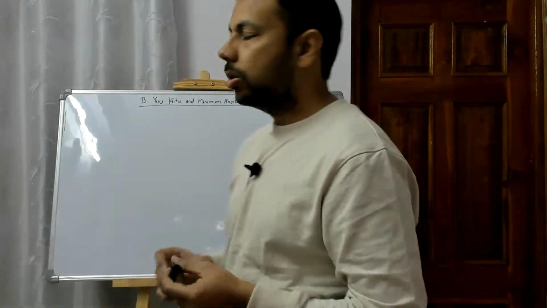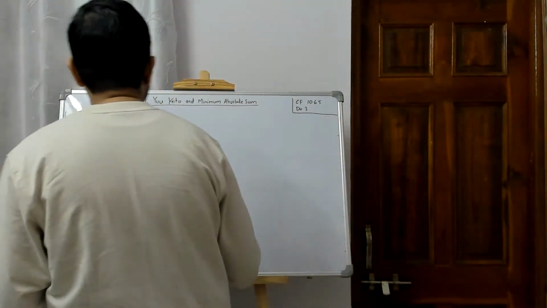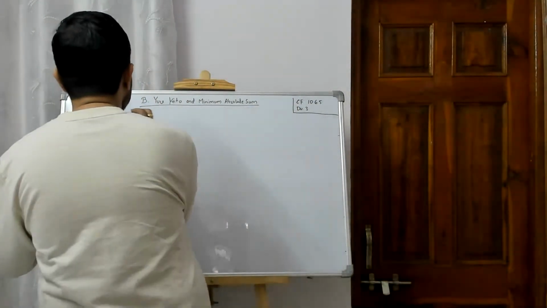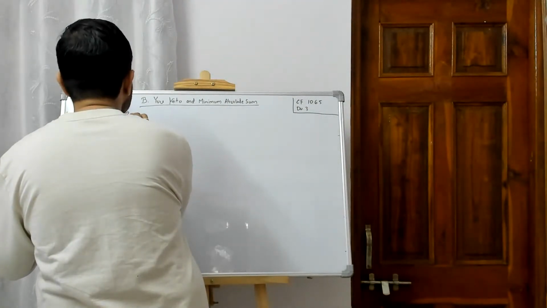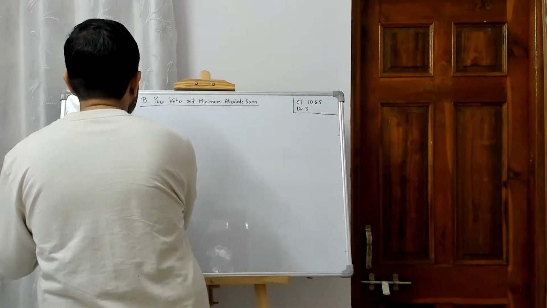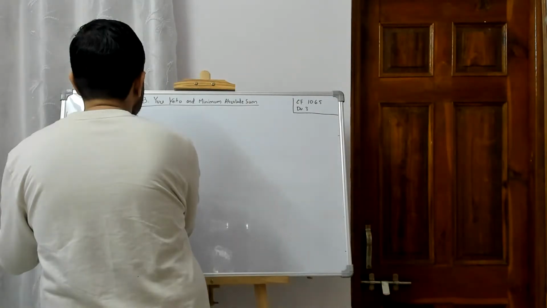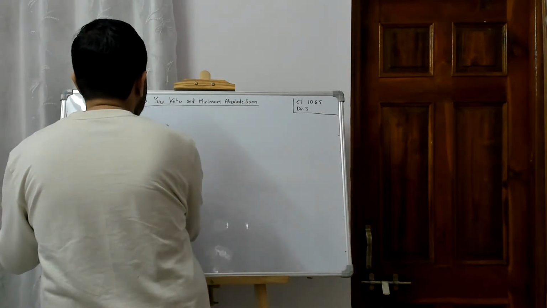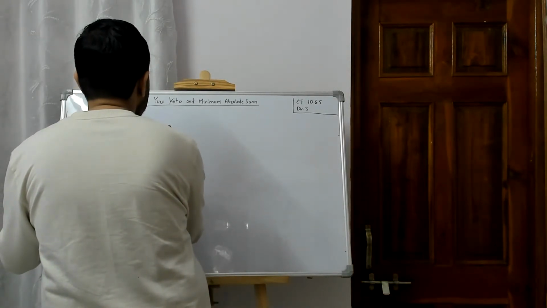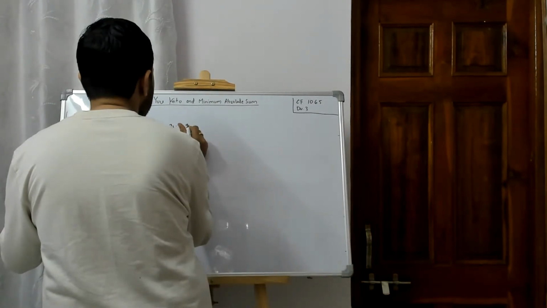Okay, so I'm going to explain the question. There are a few givens in this. First thing that is given to you is an array A, which has A1, A2, A3 till AN.